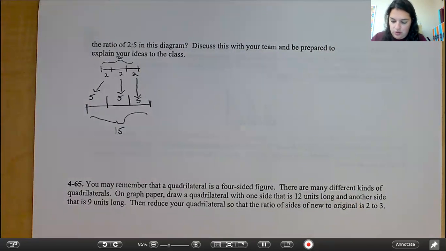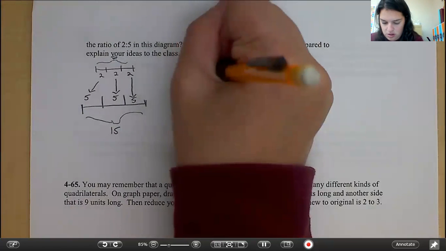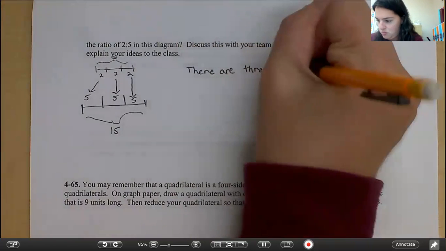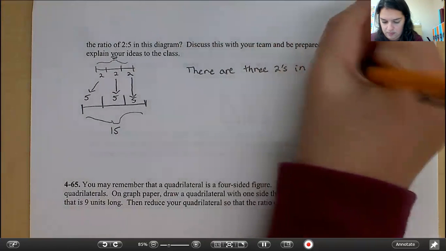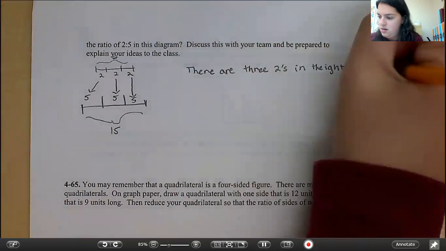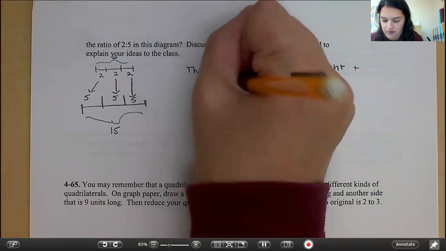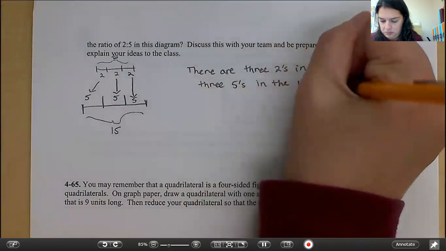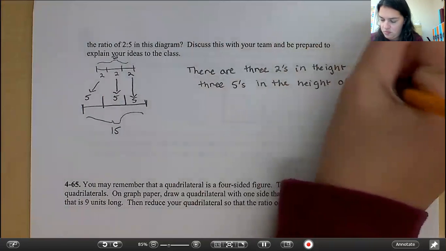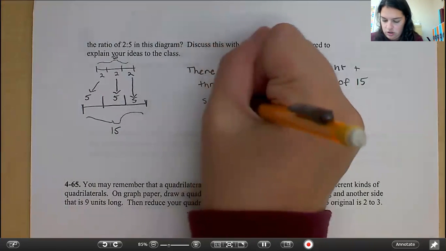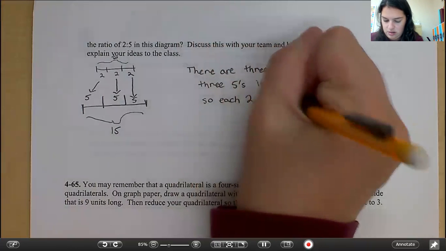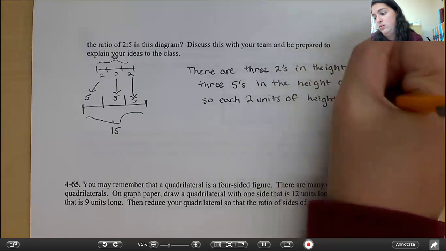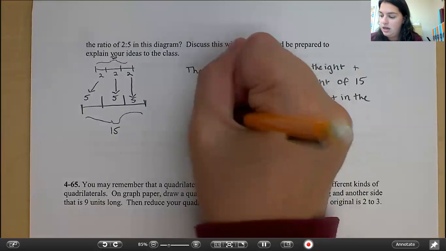So you could have also explained that in words. There are 3 2s in the height of 6, and 3 5s in the height of 15. So each 2 units of height in the smaller triangle turns into 5 units of height in the bigger triangle.